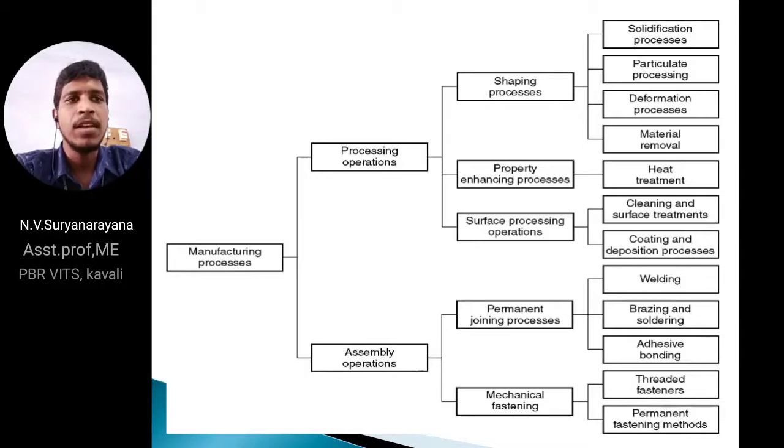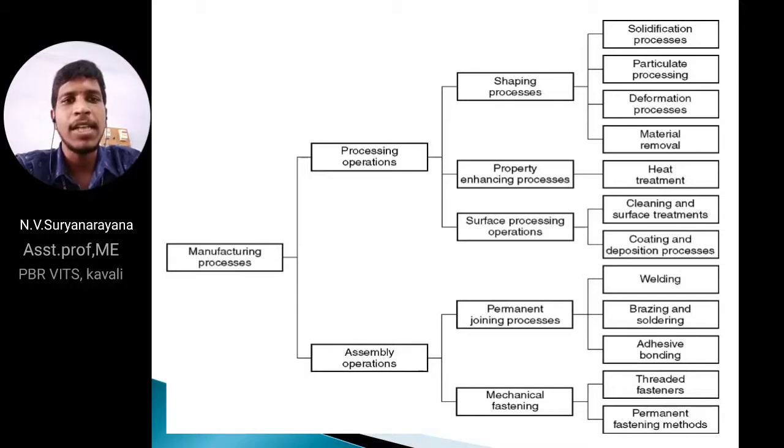Shaping process is again classified into four types: solidification, particulate processing, deformation and material removal. Property enhancing is nothing but improving the properties. In this we have only heat treatment. And coming to surface processing, we have cleaning and surface treatments, and coating and deposition process.